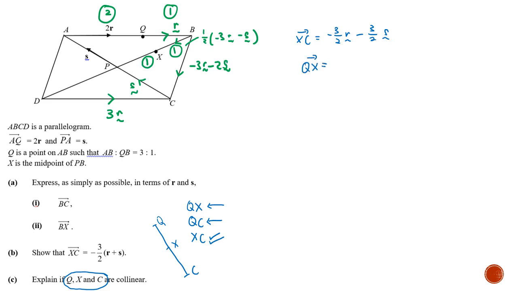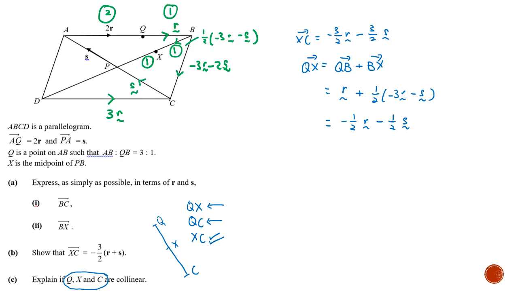We can do so by going from Q to B and B to X. So vector QB is equal to R, and vector BX from part 2, we have found that it is equal to half times negative 3 vector R minus vector S. And simplifying it, we will have negative half R minus half vector S.